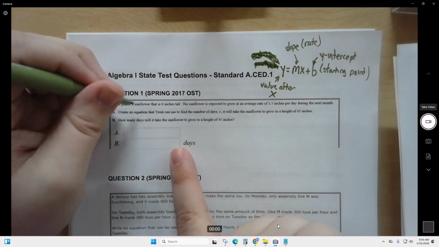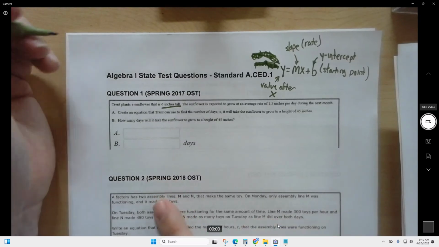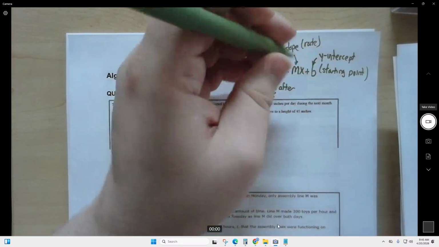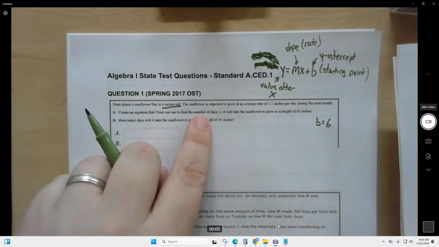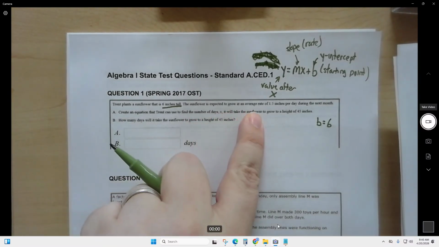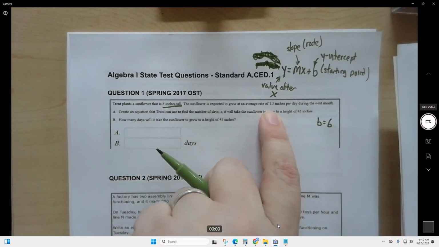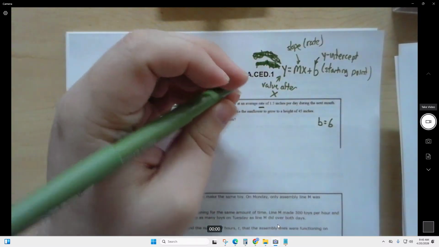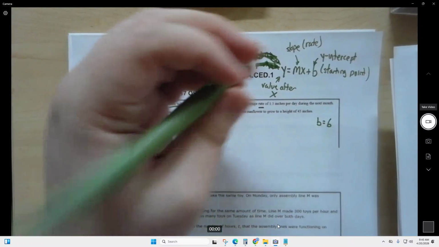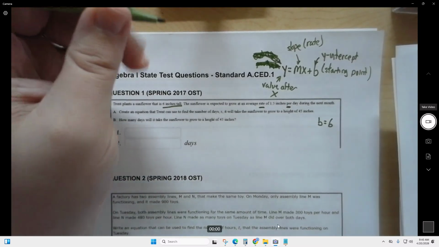So, what do we know? Trent plants a sunflower that is 6 inches tall. So this sunflower is starting at 6 inches tall. Since it is starting at 6 inches tall, that's going to be our b. It then says the sunflower is expected to grow at a rate of 1.5 inches per day during the next month. So we see the word rate. Another word we can use to associate this with the slope is per. Per is a great word to associate something with slope.